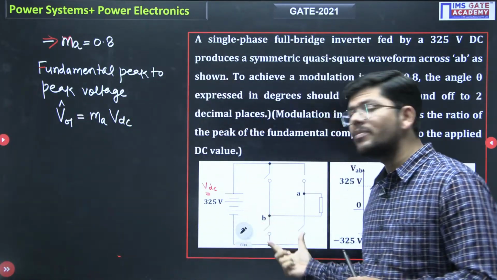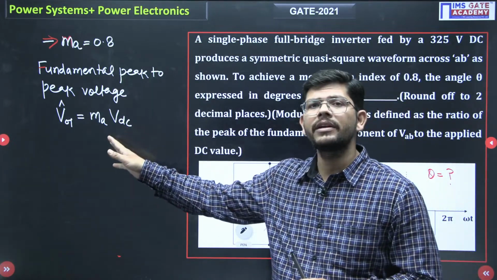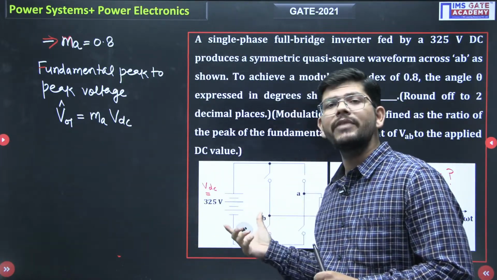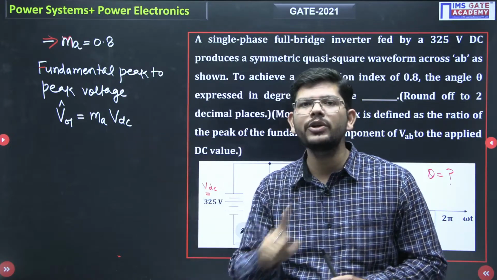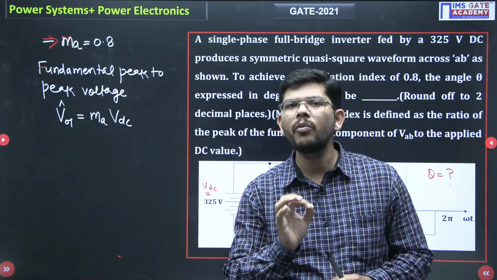Because this is a full bridge inverter, we have written VDC here. If this were a half bridge inverter, we would have written VDC by 2. These formulas are well known to us.